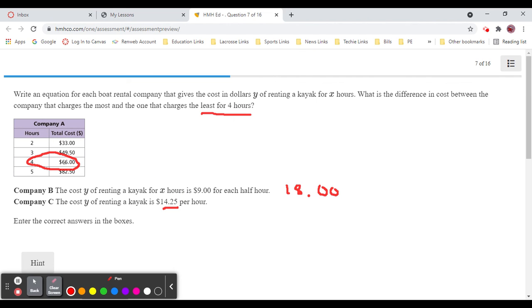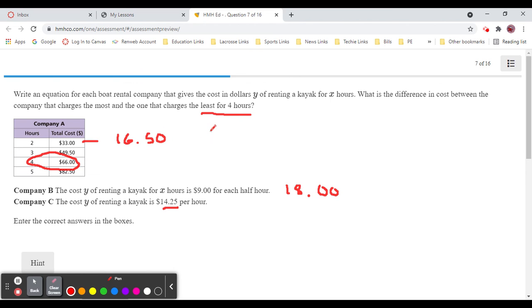So let's find out which one is going to be my best buy. And I should know my rules already. And then I'm going to find out what my rule is for all of these. All right, first of all, I could use this one to find my rule, right? Because I just need to go 33 divided by 2, right? 33 divided by 2, that's going to give me $16.50.